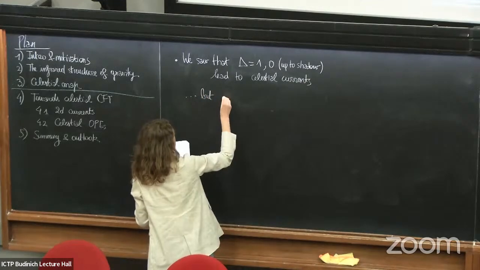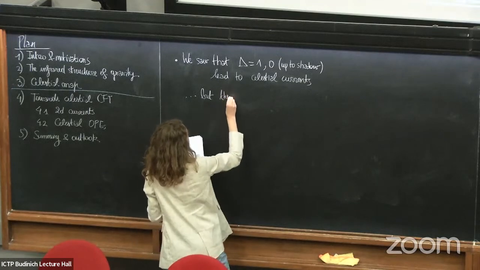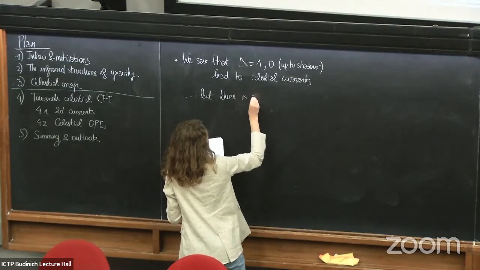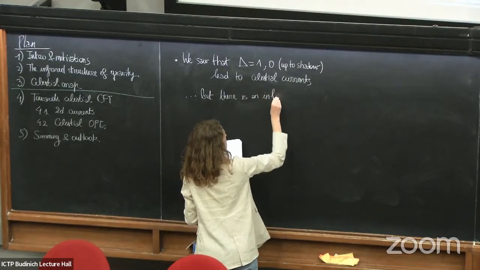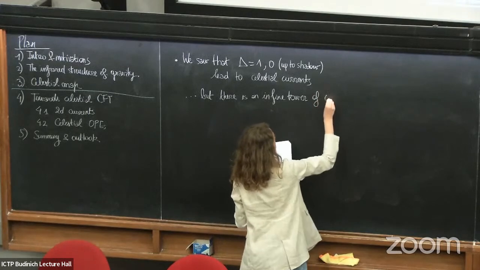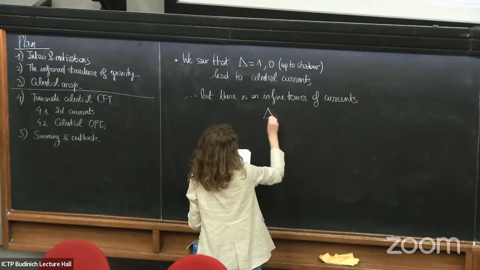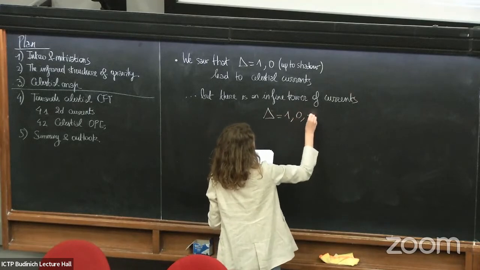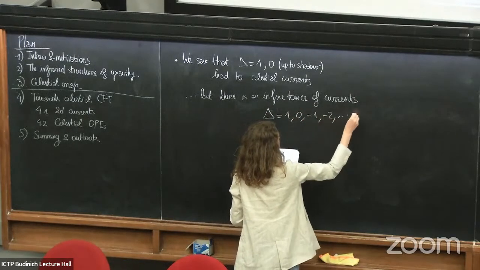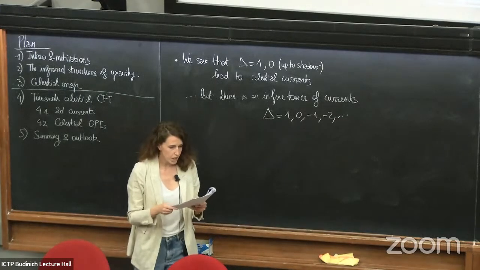But our recent work has been showing that there seems to be an infinite tower of currents where delta is running over all negative integers.